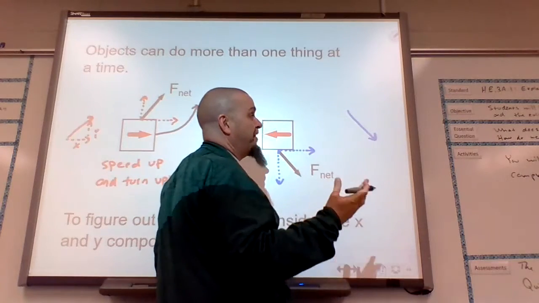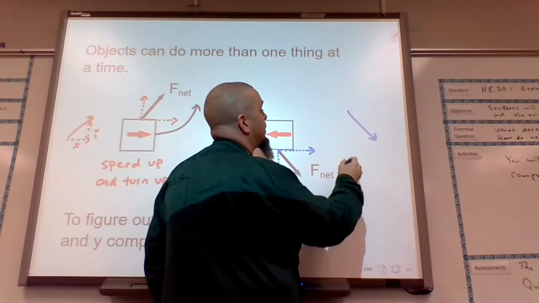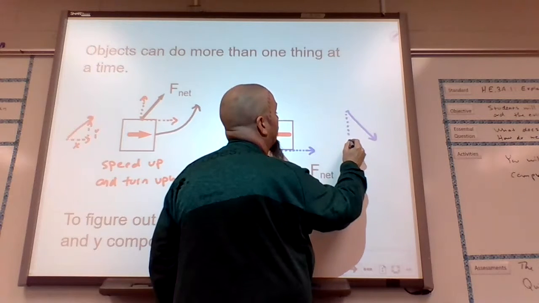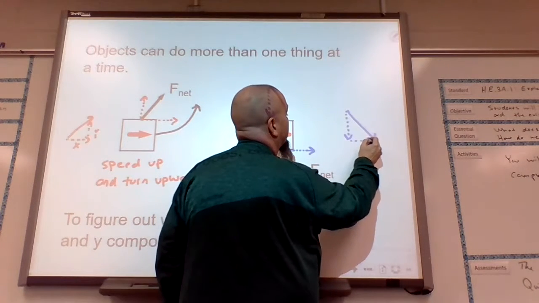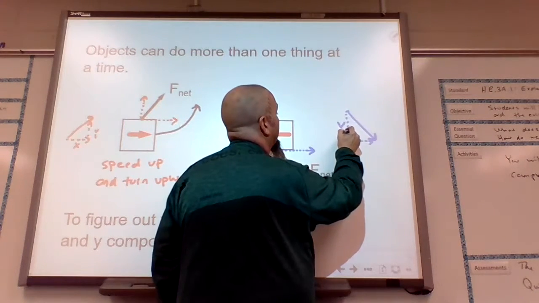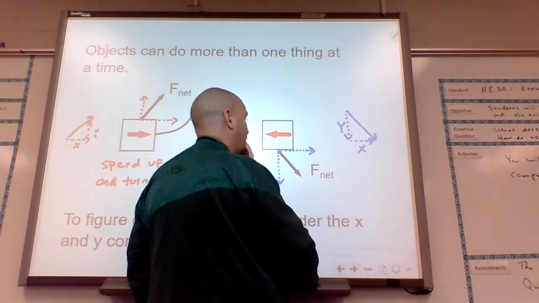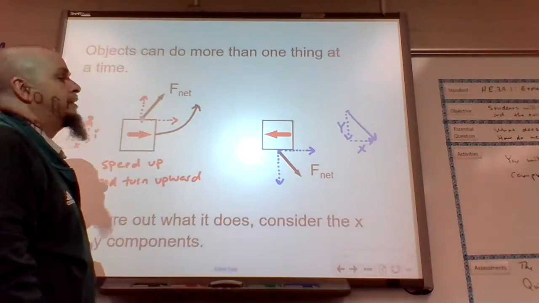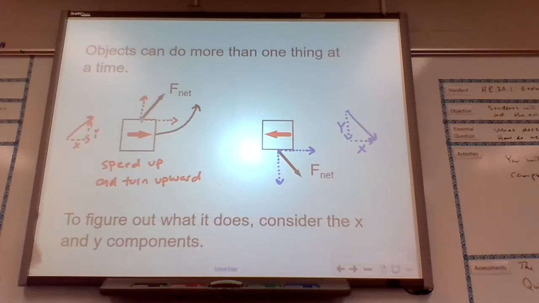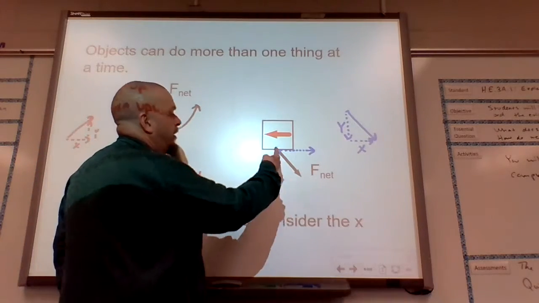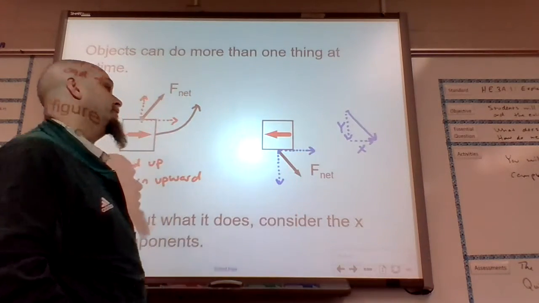If I have that vector and I want to break it down into its x and y components, there's a certain part that's going to go down, and a certain part that's going to go to the right. An x and y component to that particular vector. And these two things will act on that object independently.